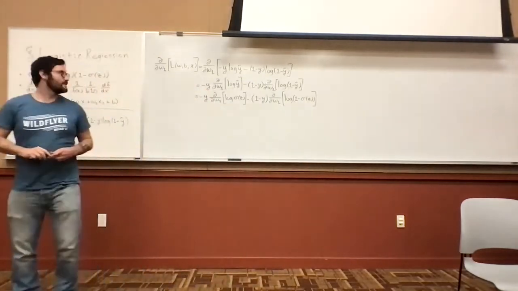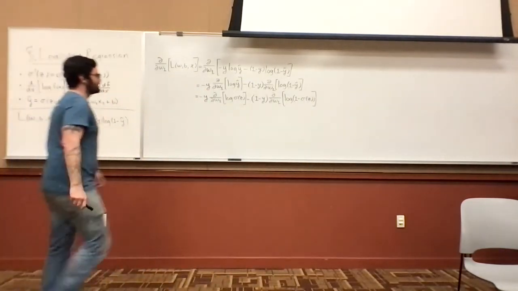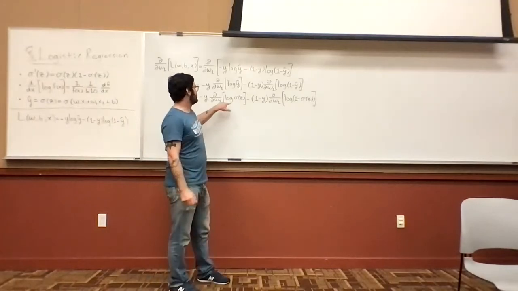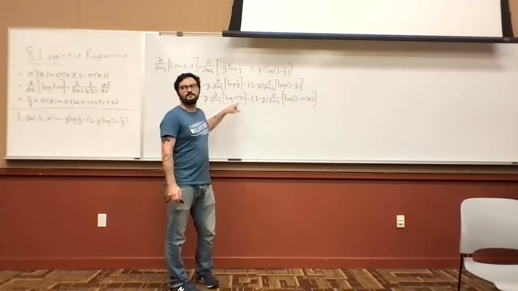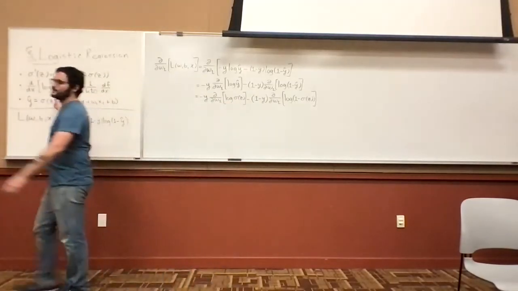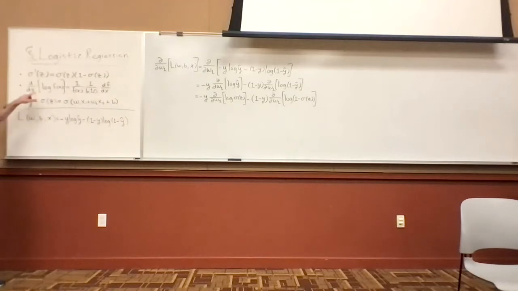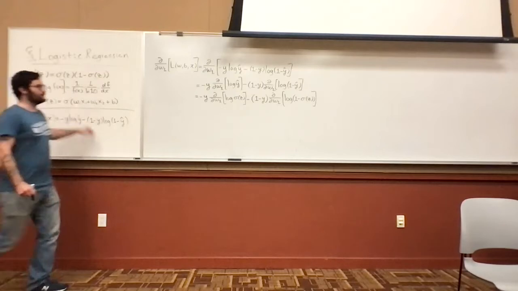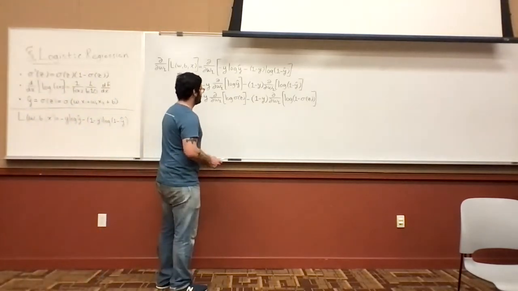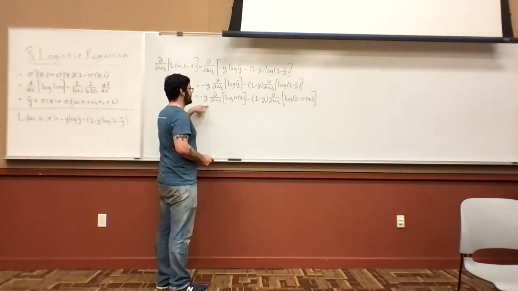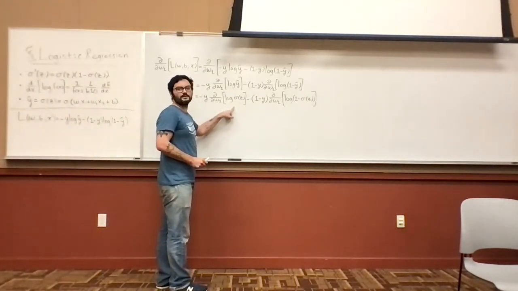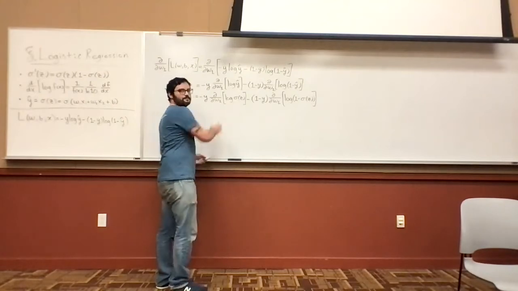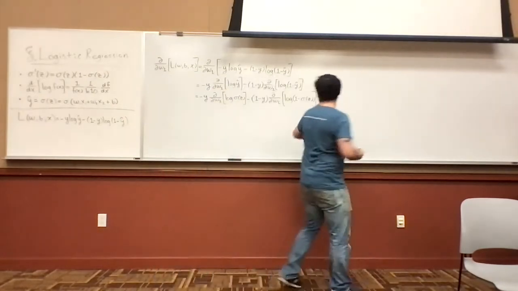Okay, so why did I do that? Well, look, we have the derivative of log of a function. That's why I wrote down this. We have the derivative of log of a function. Okay, so let's go ahead and figure out what this first piece is. What's that derivative right there? I'm going to do it over here to save space.